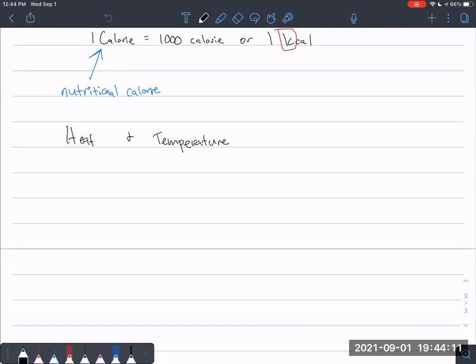Okay, so if you were to heat up water, let's say 100 grams of water versus 100 grams of iron, what you would find is that it would take much more energy to heat the water than it would to heat the iron.